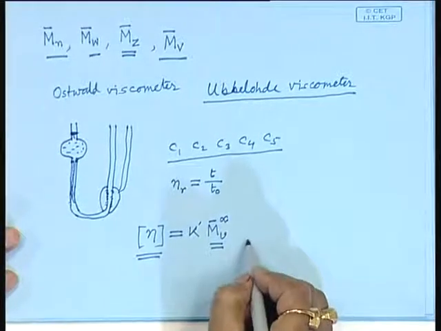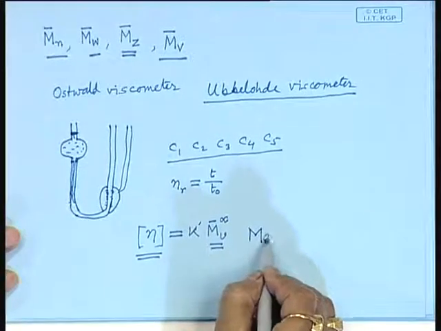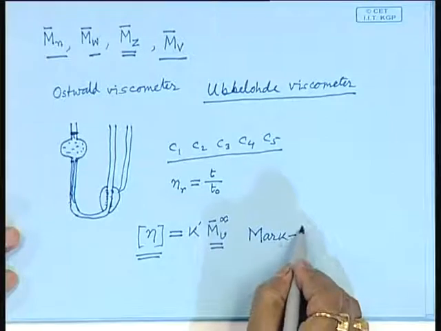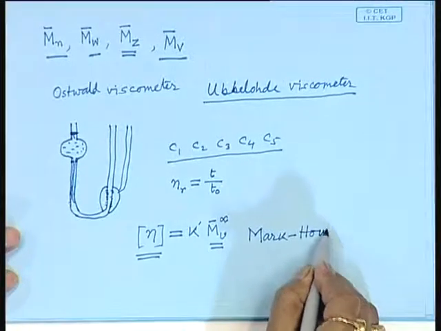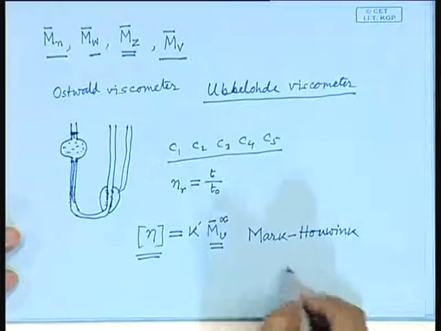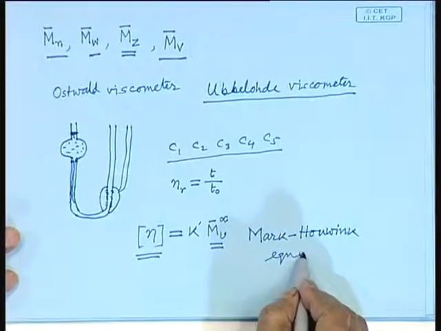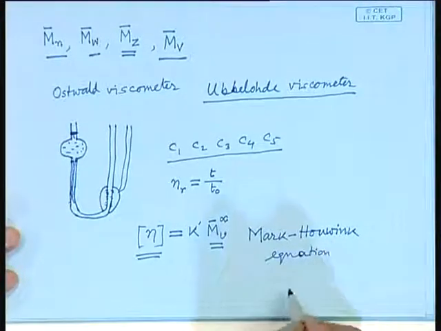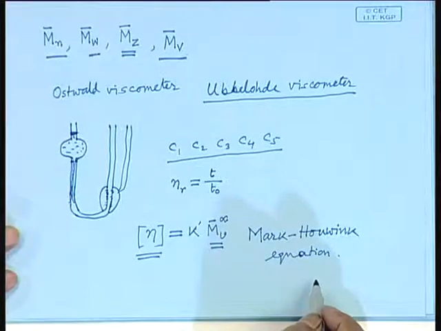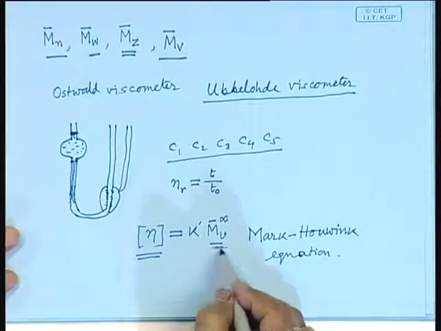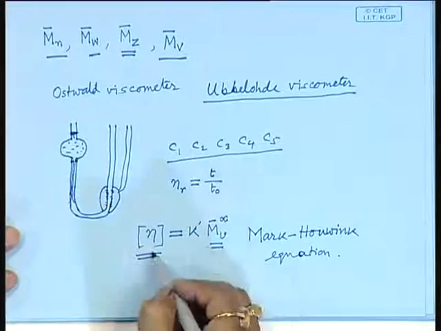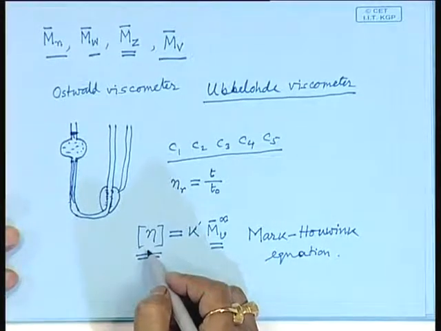This equation is known as the Mark-Houwink equation. It is a famous equation which relates viscosity average molecular weight with the intrinsic viscosity.